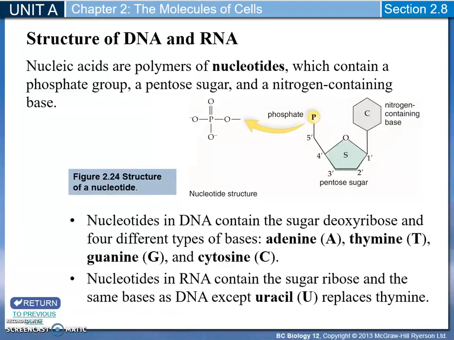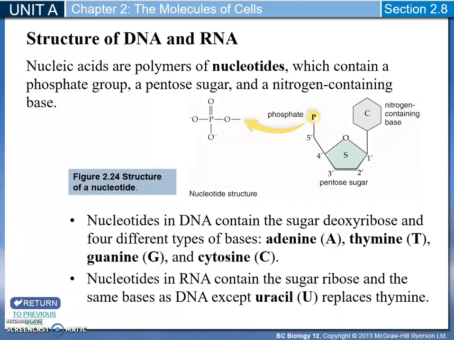So the structure then of DNA and RNA: they are polymers of nucleotides, which contain a phosphate group, a pentose sugar, and a nitrogen-containing base. And so you can see in the diagram there, we have each of those. We have the nucleotide on the left in that diagram, and then we have a pentose sugar, and then the nitrogen-containing base.